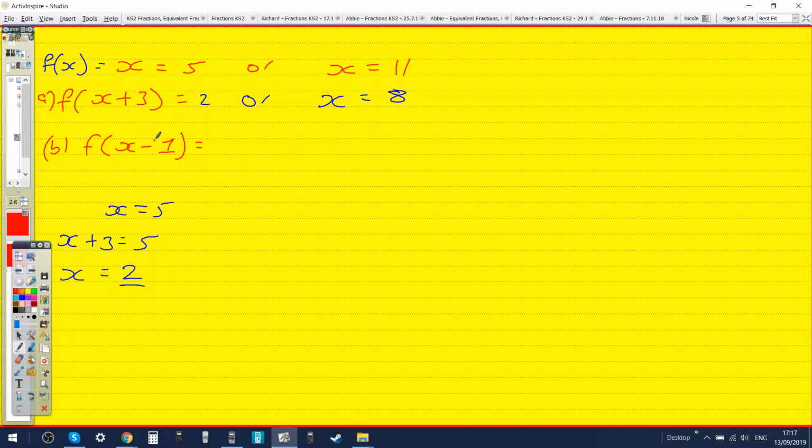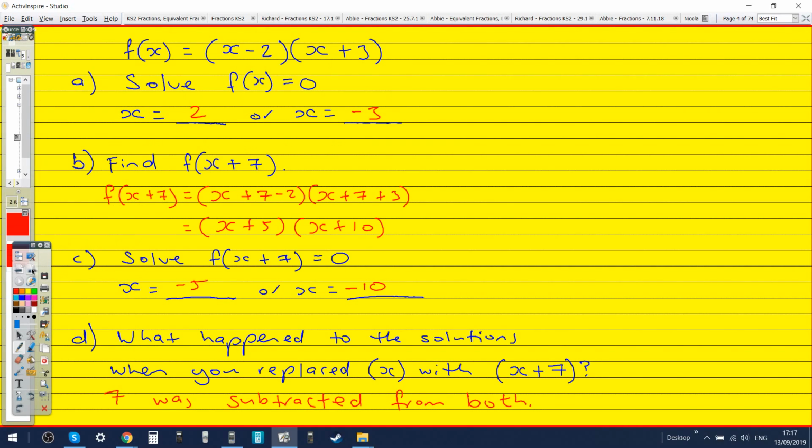That's it. And part B: 4, wait, sorry, no, 6, or 12. Well done. Okay, so it changes sign because when you bring it to the other side.